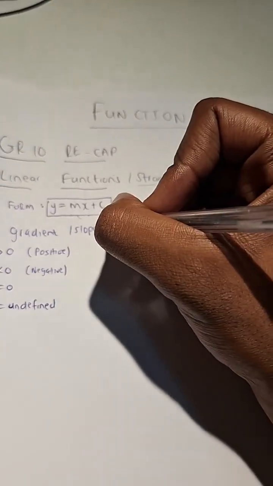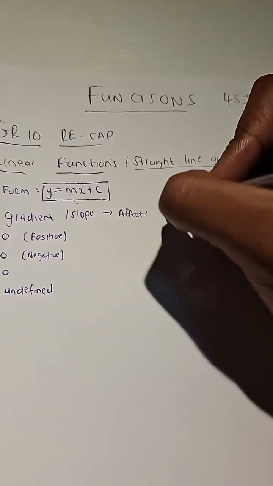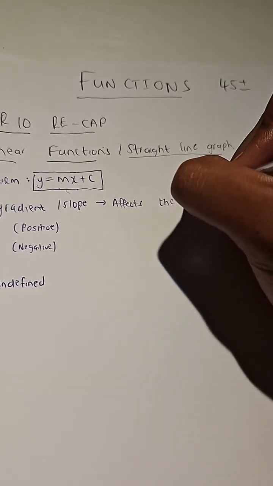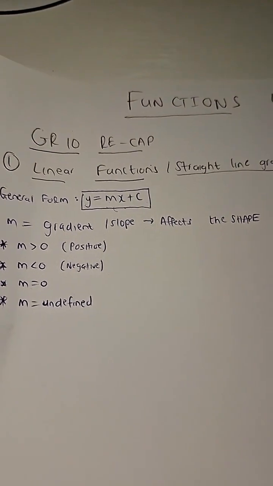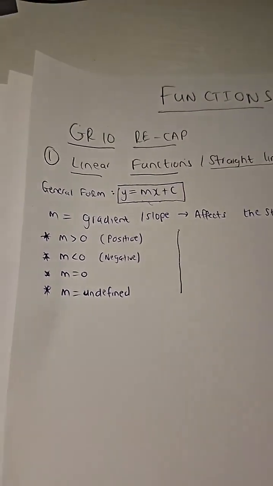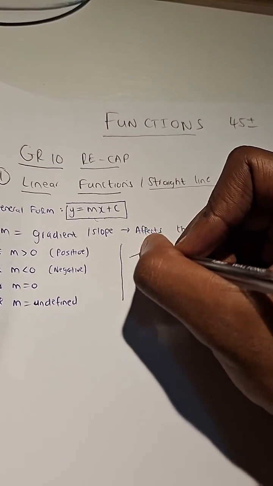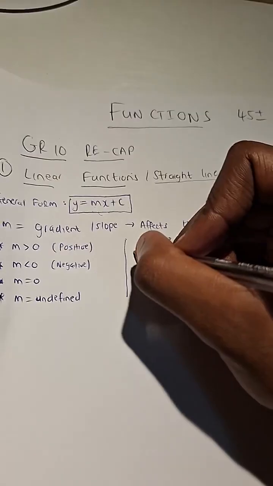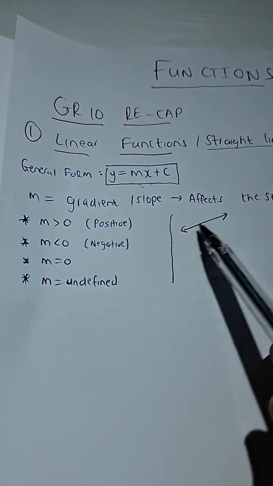Now, this gradient affects the shape of our straight line function. Maybe you're going to ask, how so? If the gradient is positive, my beautiful people, we should experience a straight line function that we say is increasing.